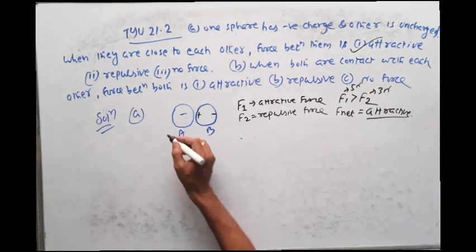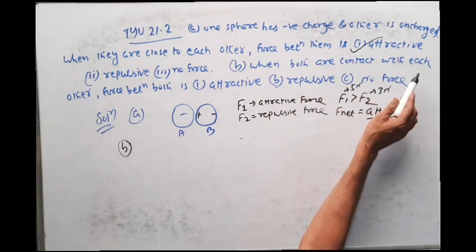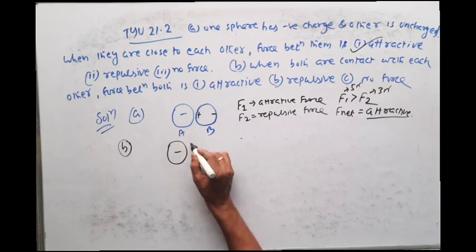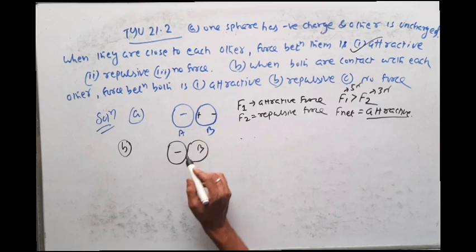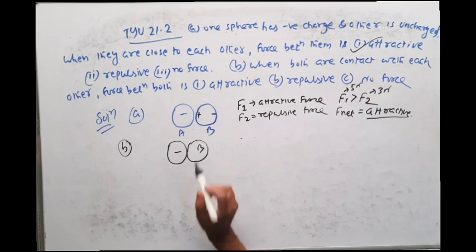Come to the second bit. When both are in contact with each other, this is A body, that is negative charge, and this is uncharged body, B. When they are in direct contact, what will happen? You know, according to the conduction principle, if the two bodies have same shape, same volume, same material, the charge will be divided.